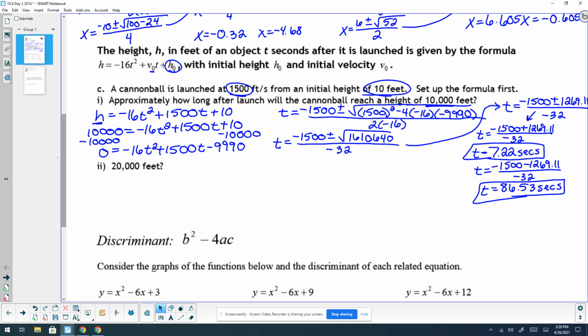Now it wants to know when it's going to reach 20,000 feet. So again, I would put 20,000 in for my H instead of 10,000. I'll write out everything again.